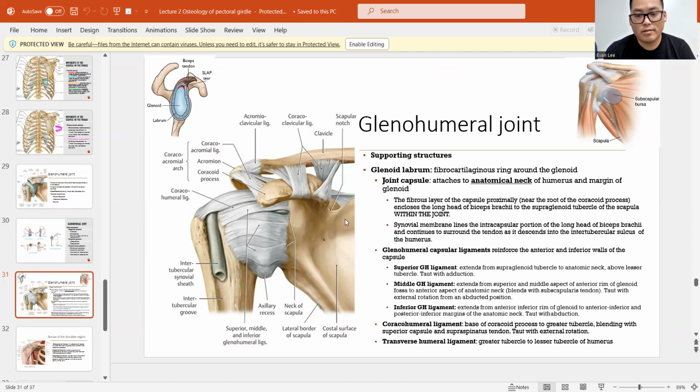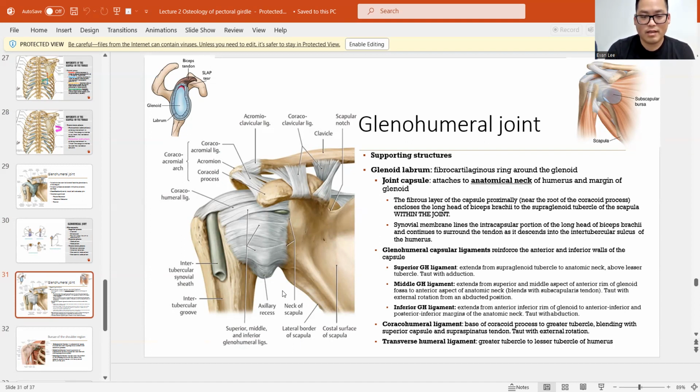So the glenohumeral joint is going to have some ligaments as well. These ligaments can be a little bit more blended together to some extent, but they are luckily relatively simply named. So the first three that we have here: number one, you have the joint capsule.